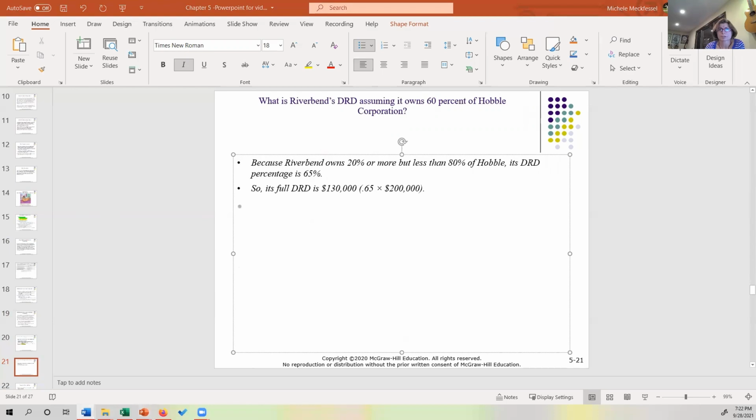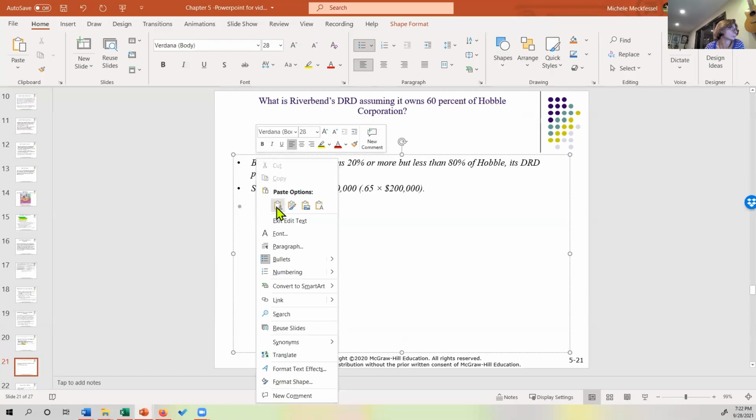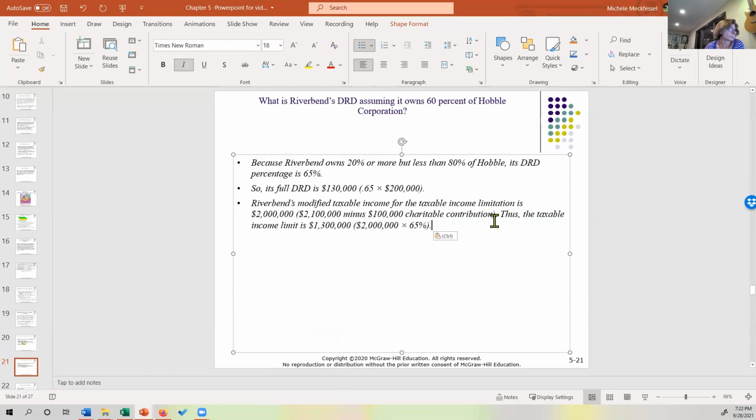Their modified taxable income for the purposes of the dividends received deduction gives a taxable income limit of $1.3 million.